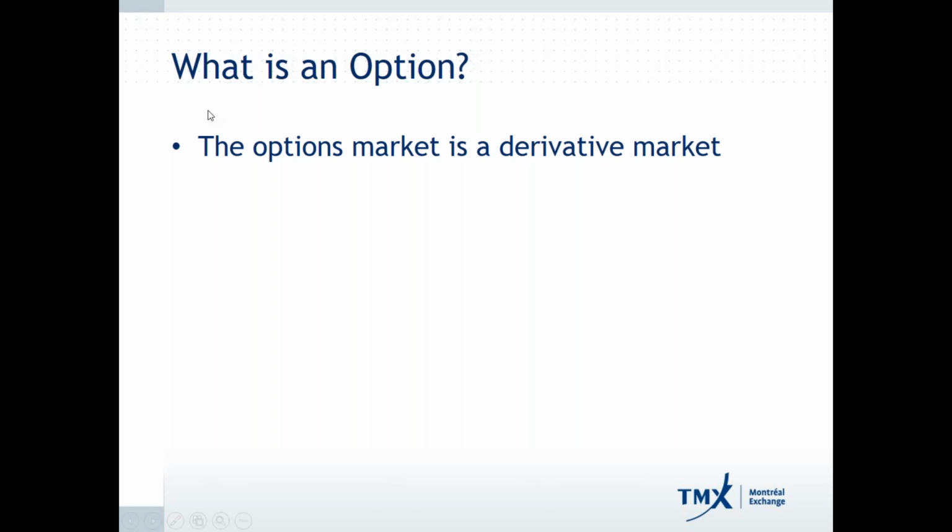Options are part of the derivative market, and almost anyone that's heard the word derivative associates it with something like the financial crisis in 2008, and you hear the stories of mortgage-backed securities and the CDOs and all of these other types of derivatives that caused substantial meltdowns.